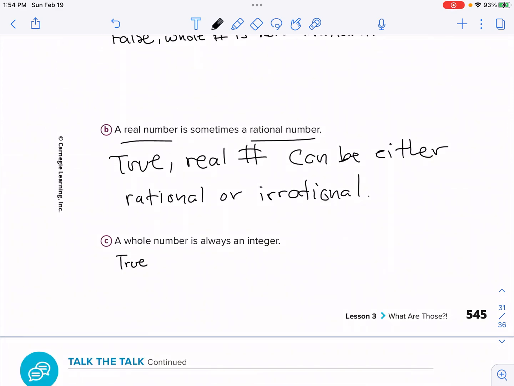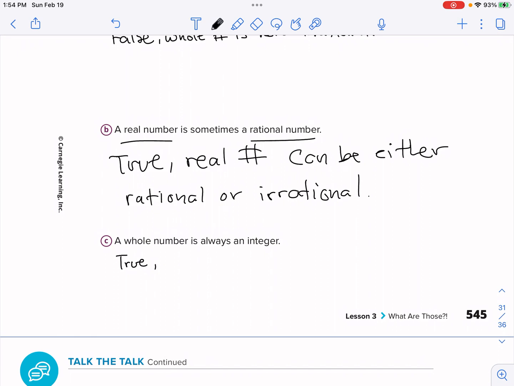All right, to give a statement for us, since at Gibson we have the house system, we could say an Amazaji student is always a part of Gibson Middle School. Yeah, that's true. I don't think there would be any other Amazaji students in other schools, but this would be true because that's a smaller group within a bigger group. So we would just say true.